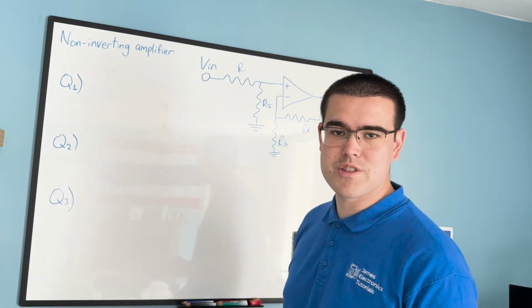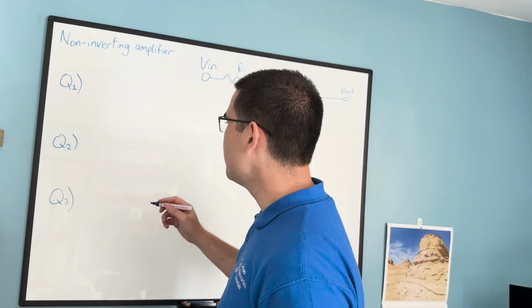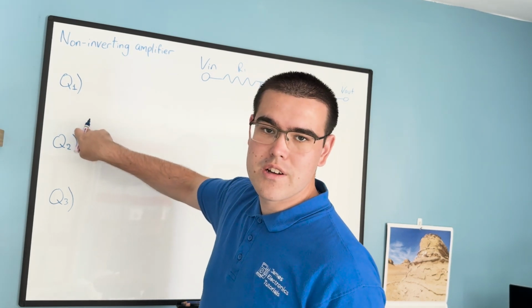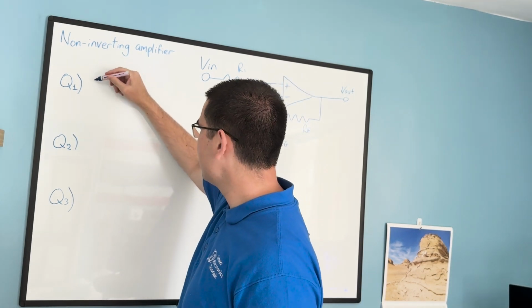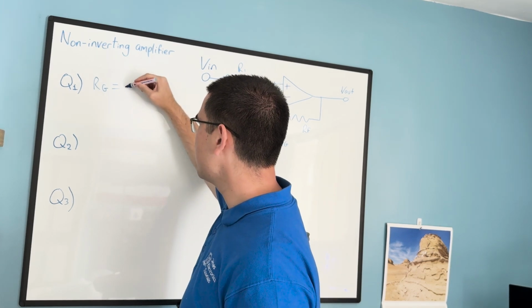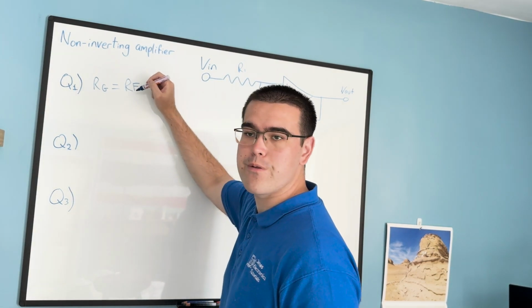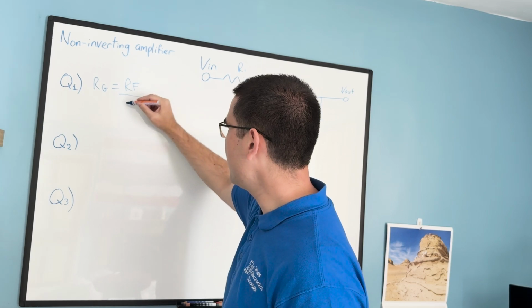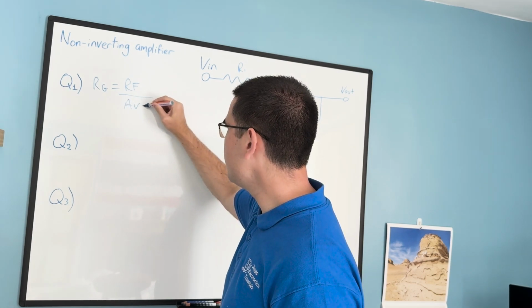So let's start with question 1. We would like to rearrange for RG, which is equal to RF divided by AV minus 1.